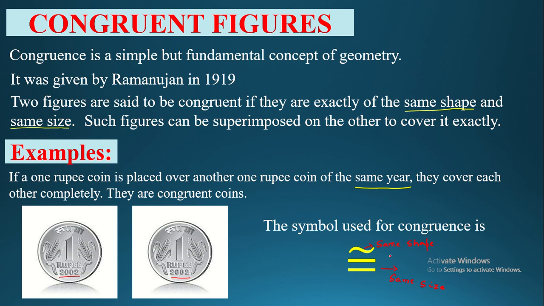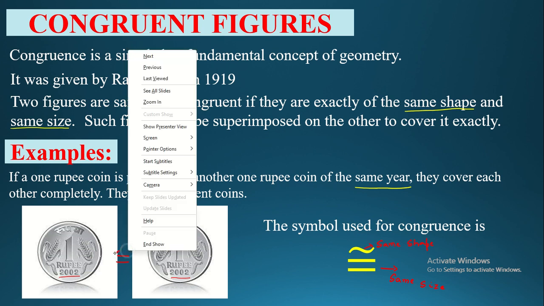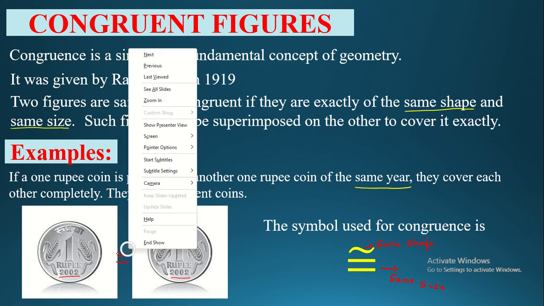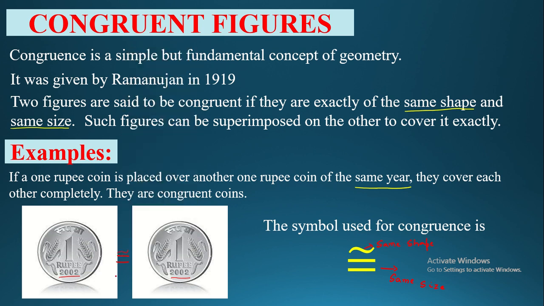That means they're congruent. So whenever two things are congruent to each other, we represent them by this symbol. Equal to sign means same size, and a wavy line over the equal sign means same shape.